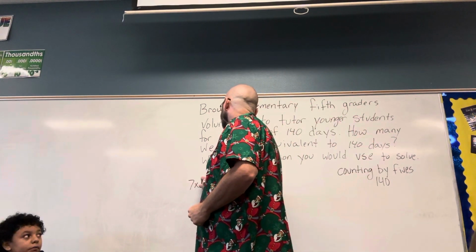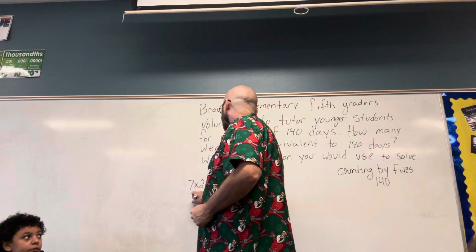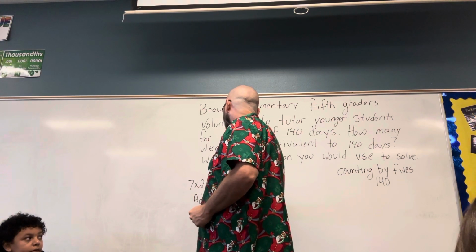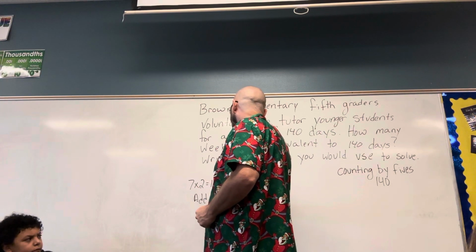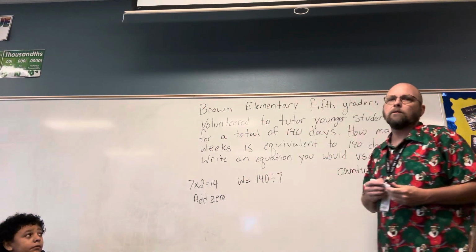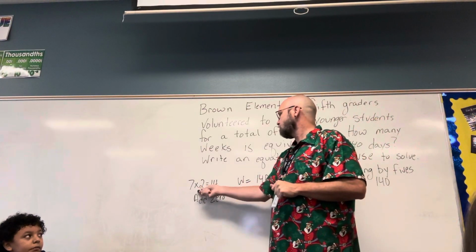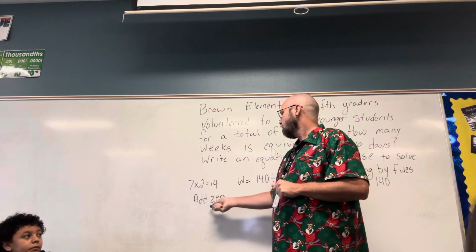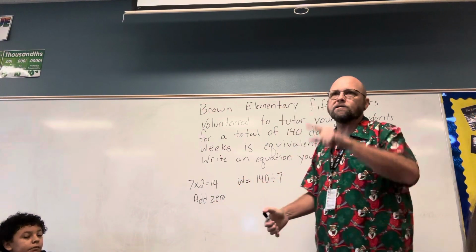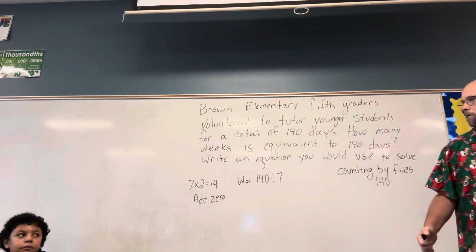So you did 7 times 2 equals 14, and then you added a 0. Why? Because it's actually supposed to be 140 days. Okay. So you knew that 7 times 2 is 14, and you added the 0 in the ones place because it's 140 days?